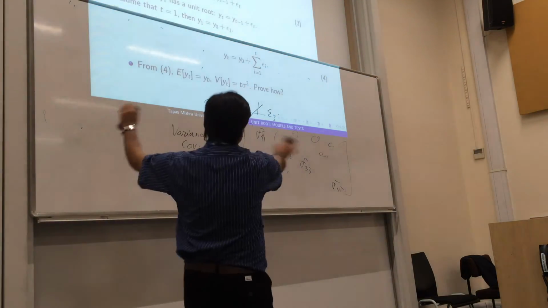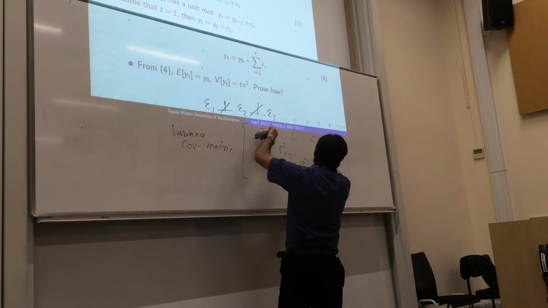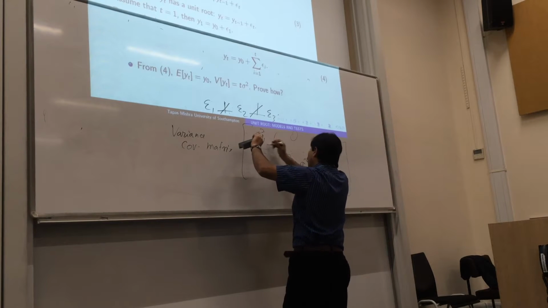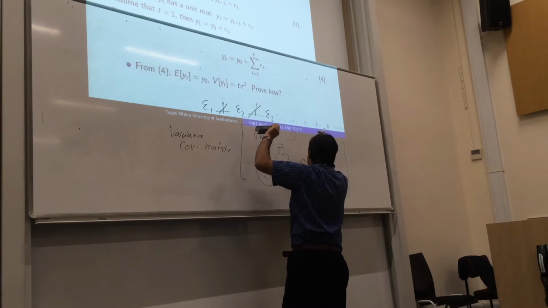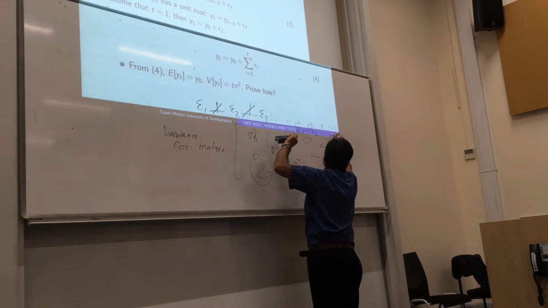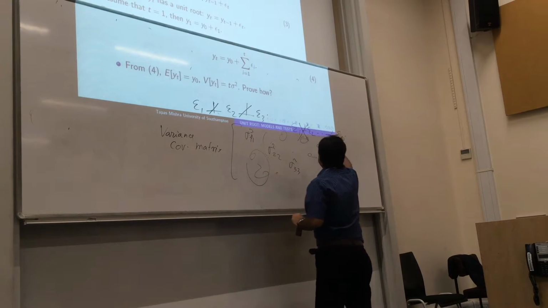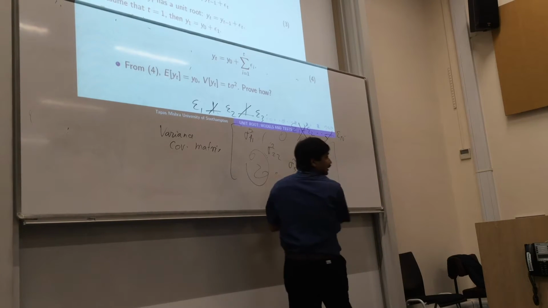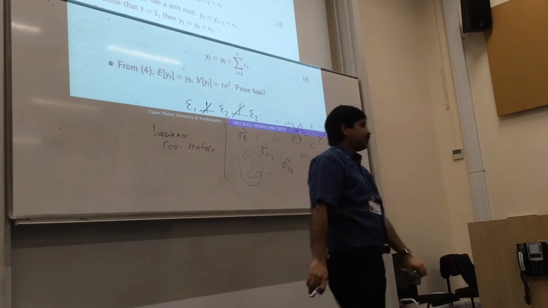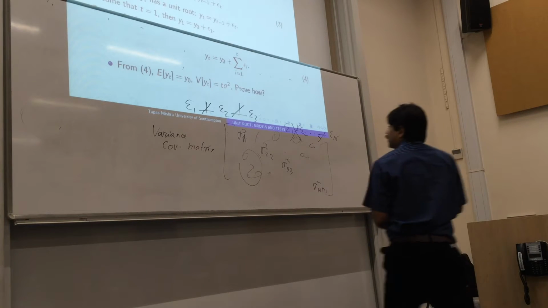So the covariance of epsilon 1, 2, 2, 3, all these terms are 0 with the assumption that E1 is independent of E2, likewise independent of the others. If they are not independent, then you will have all these terms.